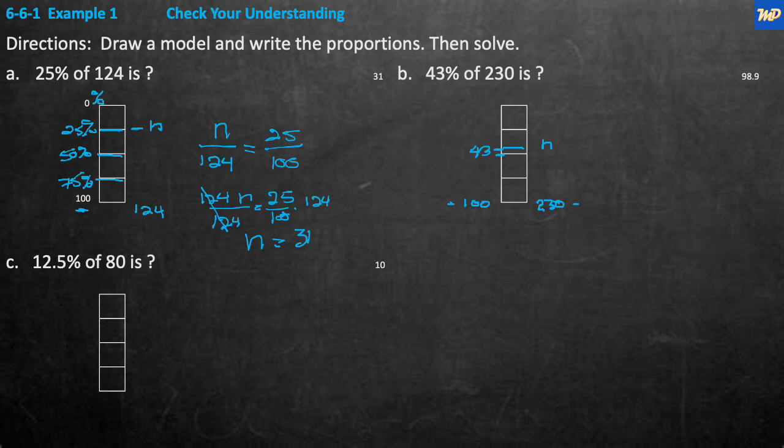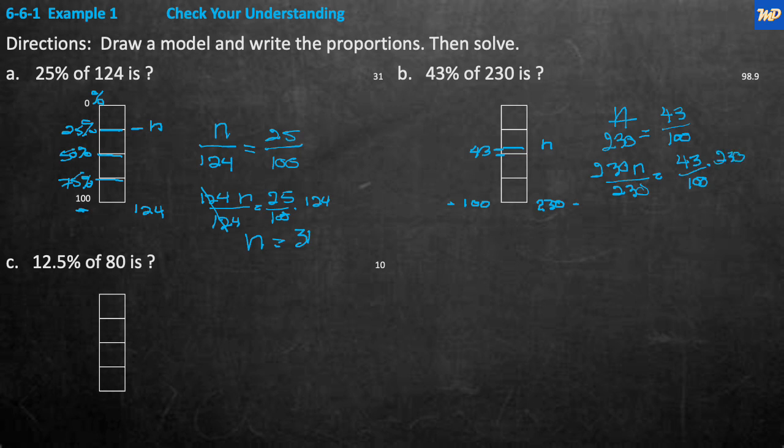Well, as before, I'll put the n on the top, divided by 230, is equal to 43 over 100. In order to solve for n, we're going to multiply both sides by 230. 230 times n over 230 is equal to 43 over 100 times 230.